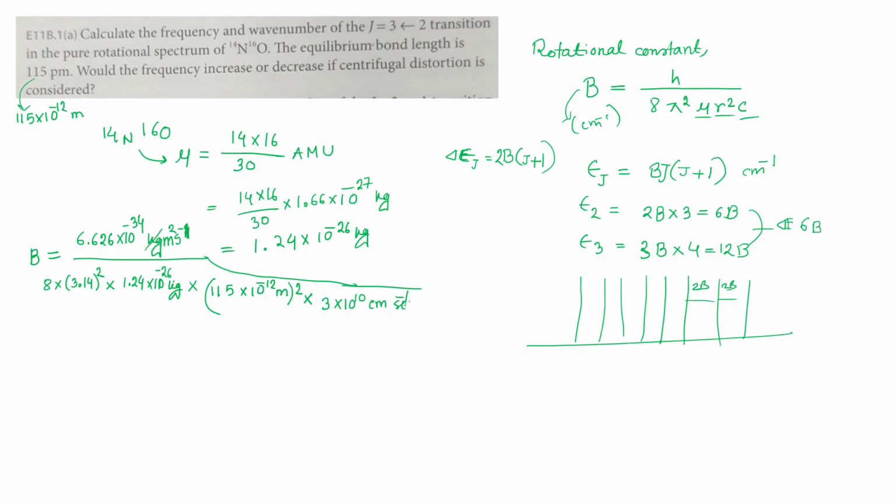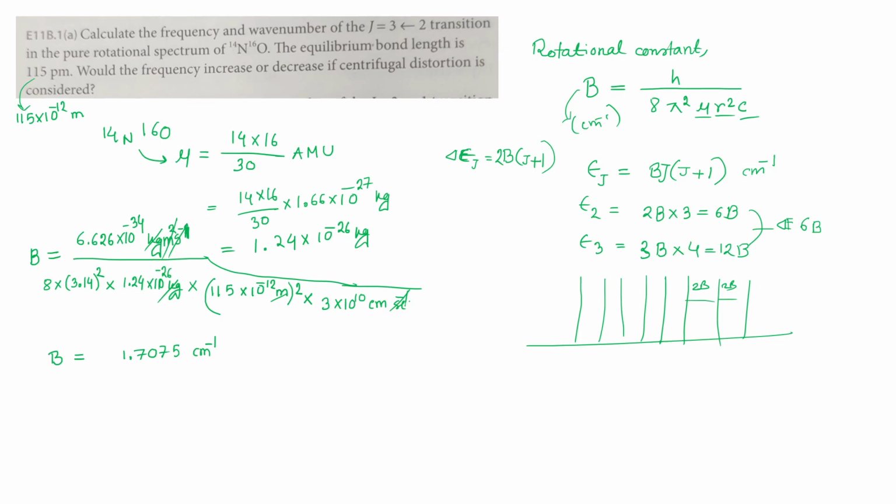So kg will cut, meter square will cut from here, second inverse will cut from here, and centimeter will come as centimeter inverse, right? When you do the calculation, you will get a value of B as 1.7075 centimeter inverse. Okay, so this is the value of B you are going to get.